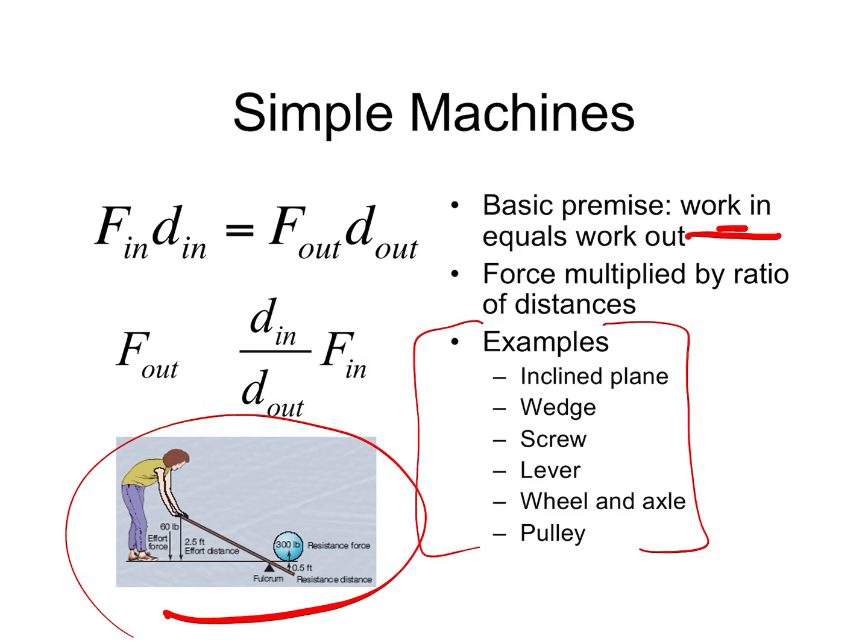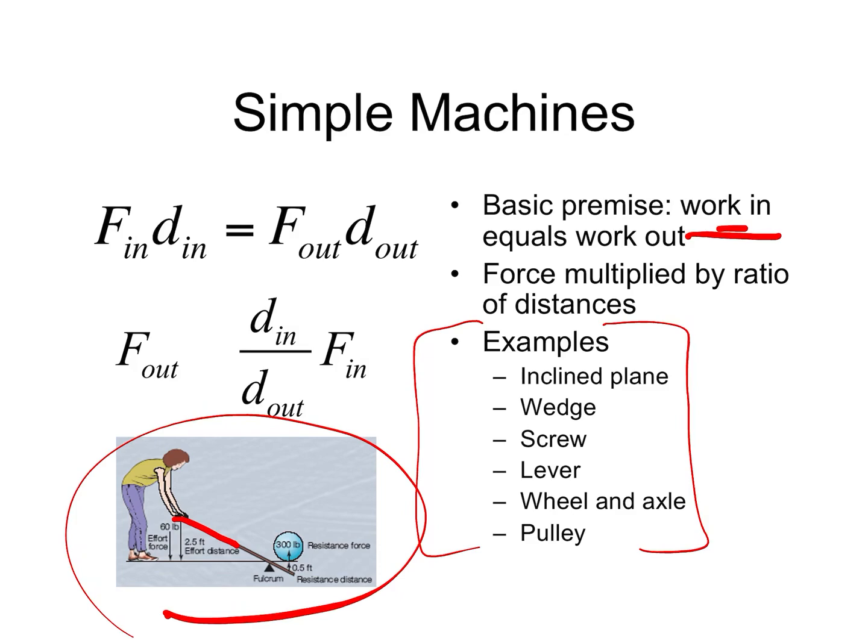A lever is sort of like this board, or even if you think about a hammer, the long part of the hammer is the lever. A wheel and axle, so think of a wheelbarrow.